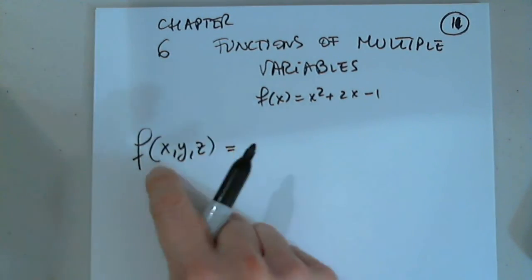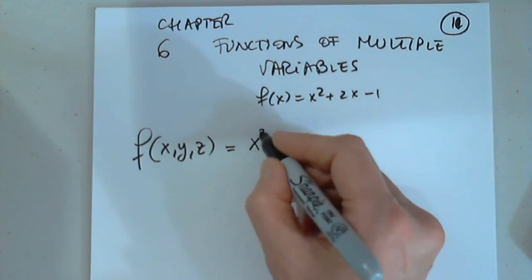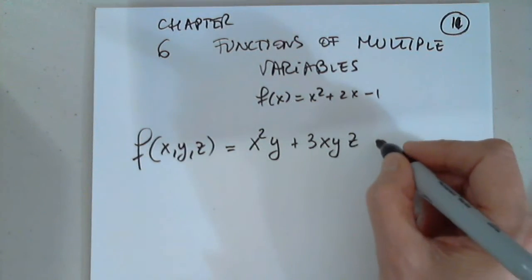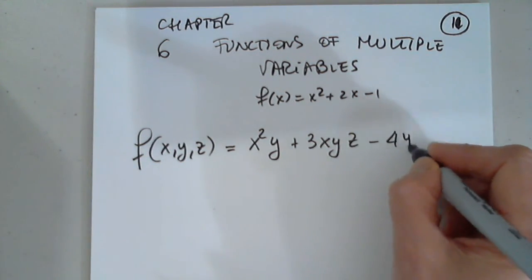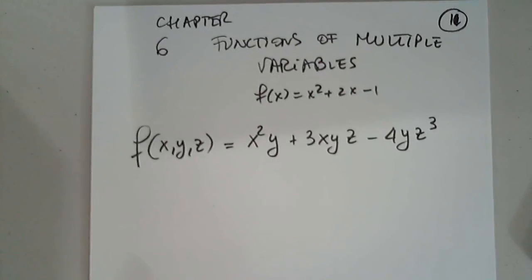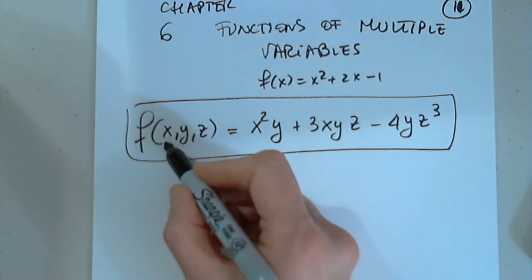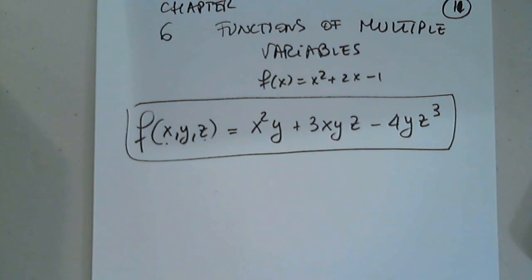For example, with 3 variables, like x squared y plus 3xyz minus 4yz to the third. This is a function of 3 variables, 1, 2, 3.